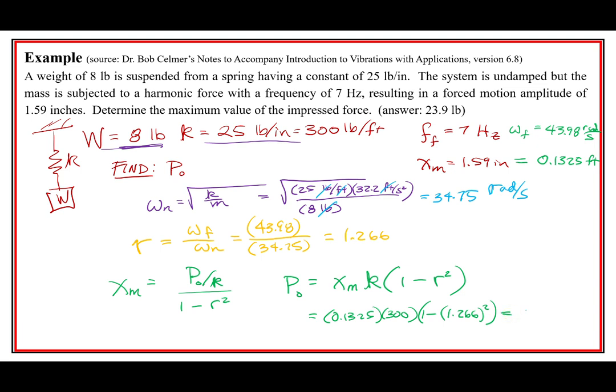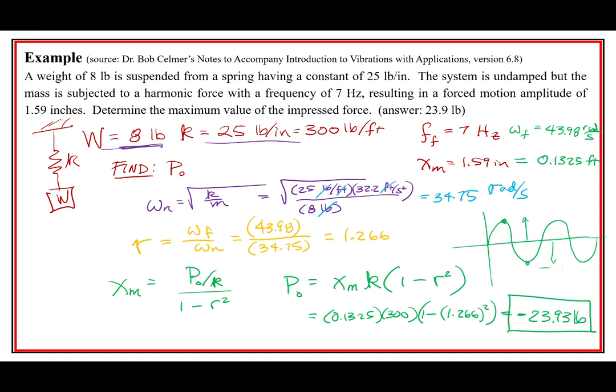What we end up finding is going to be a negative number, but it doesn't really matter that it's negative. Why doesn't it matter? Because we're going to have a reaction here that looks like this, right? It's always going to be positive and negative. It's going to keep going back and forth between zero.